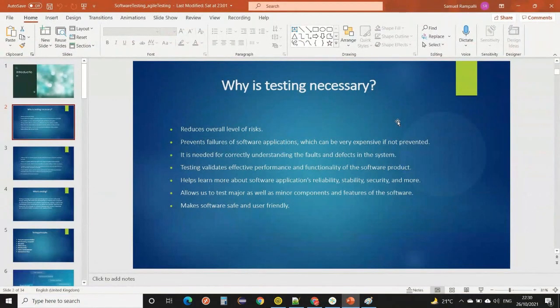Testing allows us to test major as well as minor components and features of the software.